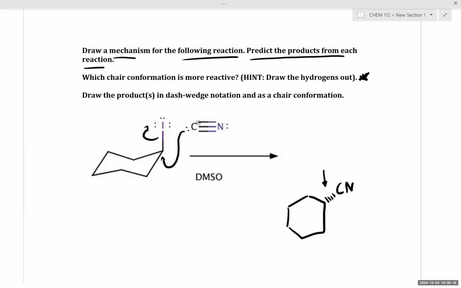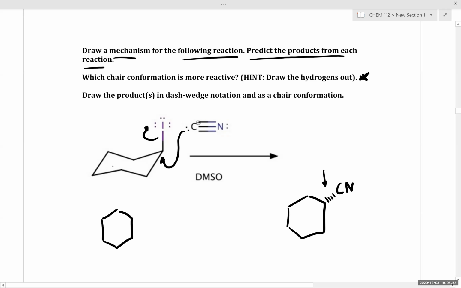So let's look at a model for this structure and let's try to explain and rationalize this reaction. In a typical SN2 manner, it occurs as a concerted mechanism where our nucleophile attacks our carbon and our leaving group leaves. Taking a look at our starting material, for our iodine atom, should it be assigned a dash or a wedge?